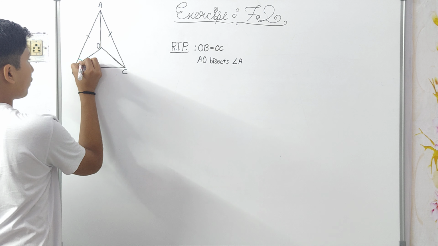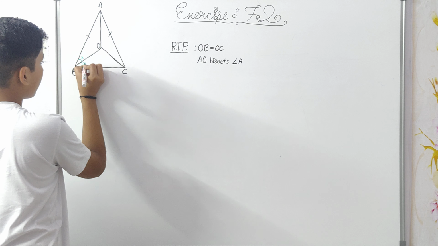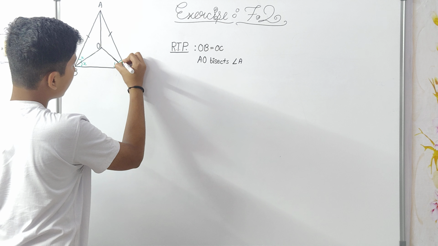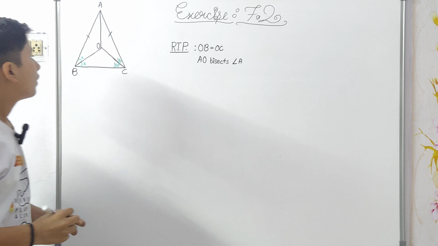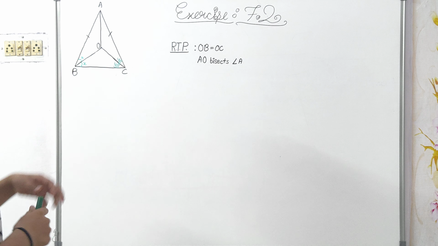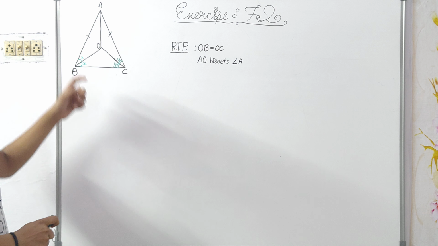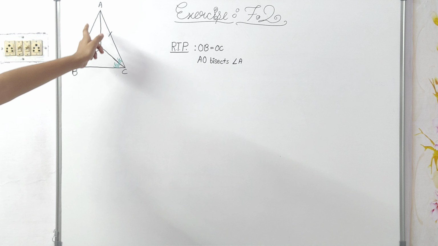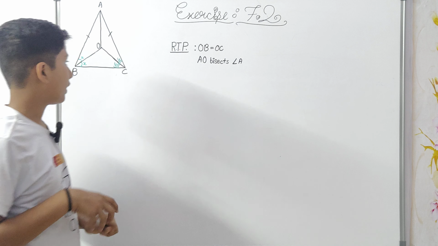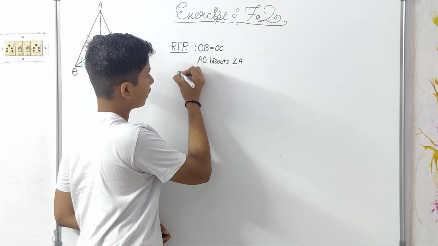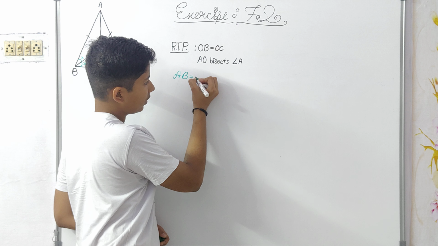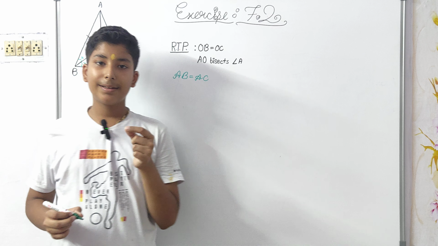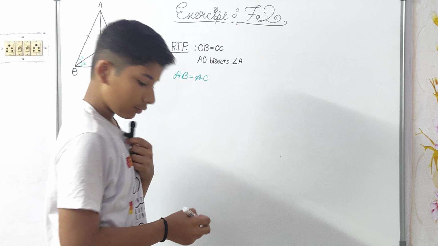Firstly, let these two angles be x, because these are equal, and these be y, and x. So what we have to do? We have to prove these two lines equal. So firstly, AB equals AC. Now we know a property that equal sides have equal angles opposite to them.